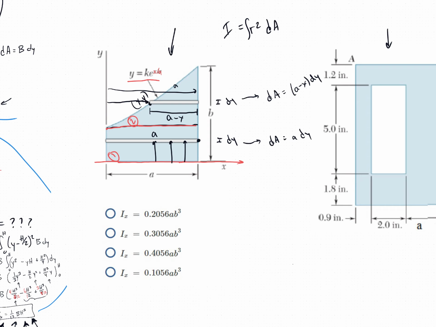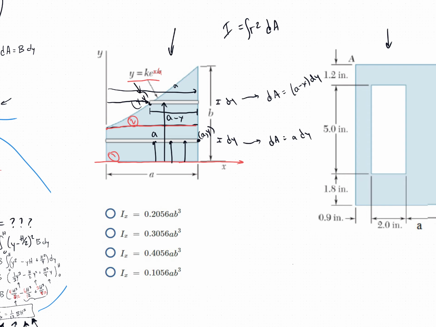Where this point right here is, it looks like that point is a in the x and y in the y. And then up here, it's just r, which in this case is the y right there.